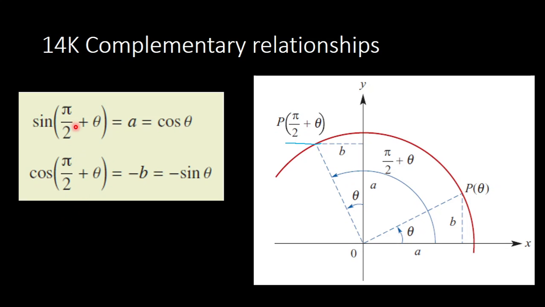So sine of pi on 2 plus theta is equal to cos of theta, and cos of pi on 2 plus theta, which is the horizontal one, is negative, so it's negative sine of theta. So that is another set of relationships that you need to know and apply in problems that relate to circular functions.